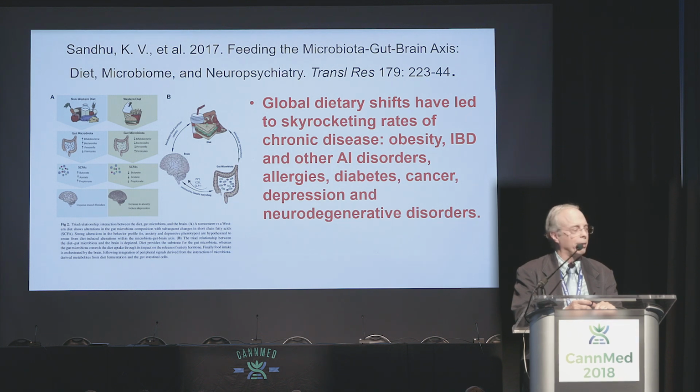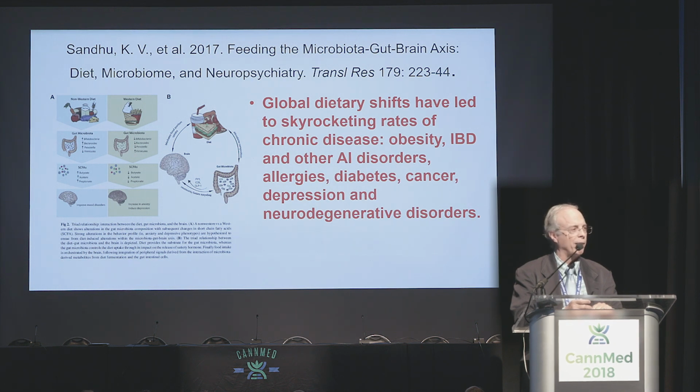Again, we've seen marked changes in the human diet as compared to past centuries. And at the same time, we've had skyrocketing rates of chronic disease, specifically obesity, inflammatory bowel diseases, other autoimmune diseases, allergies, diabetes, cancer, depression, and neurodegenerative disorders.